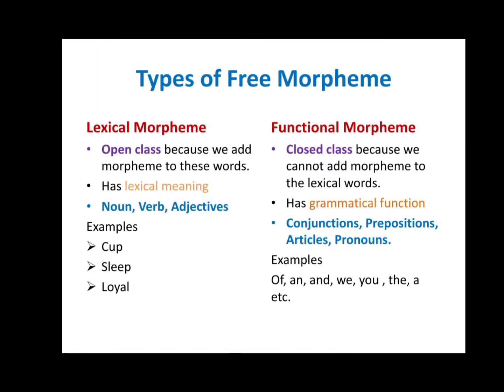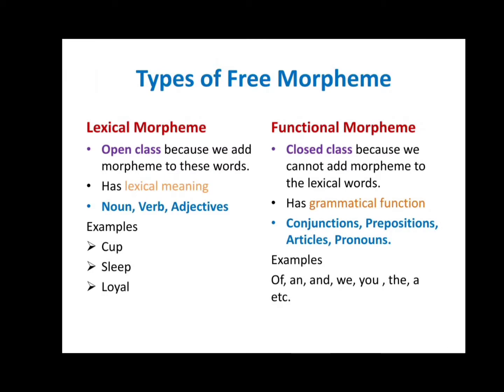It has lexical meaning. Nouns, verbs, adjectives are involved in lexical morphemes. These are the lexical words. For example, cup, that is a noun. Sleep, this is a verb, and loyal is an adjective.